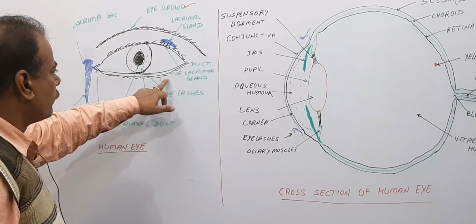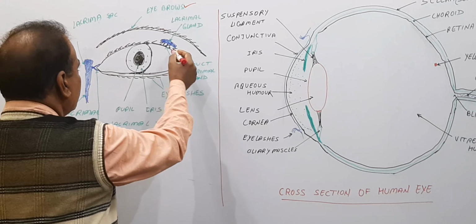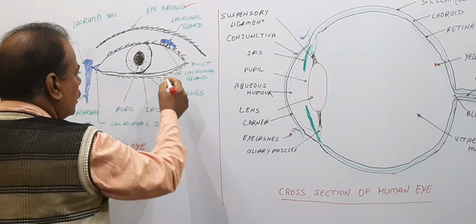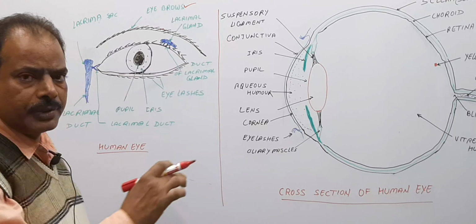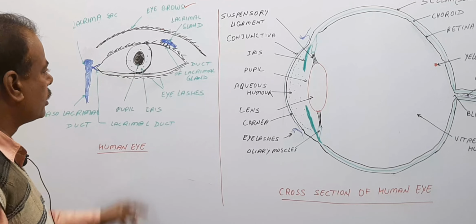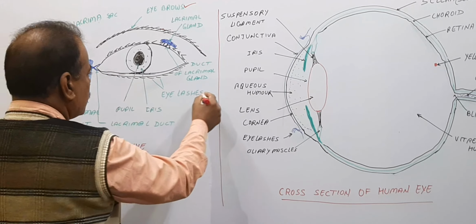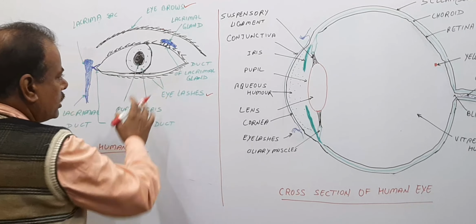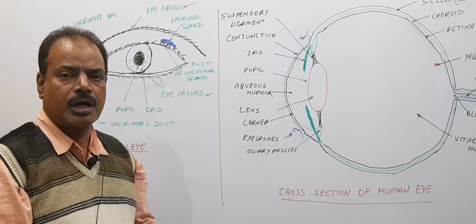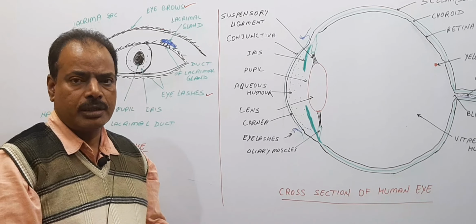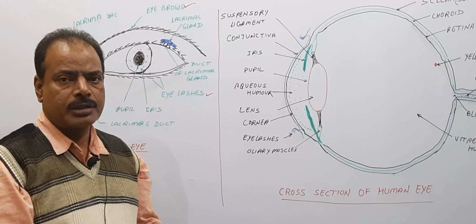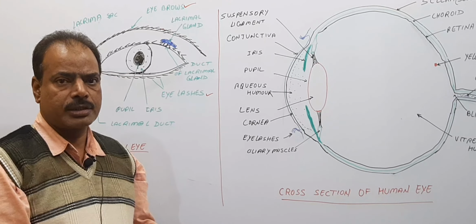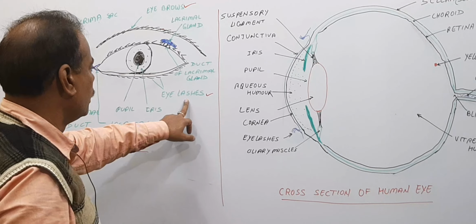At the edges of the eyelid, there are a number of curved hairs, and these hairs are known as eyelashes. So eyelashes again prevent small particles as well as small insects from entering the eyes.